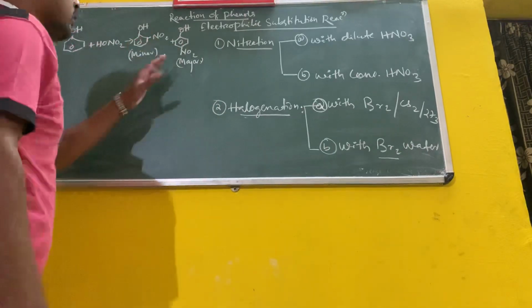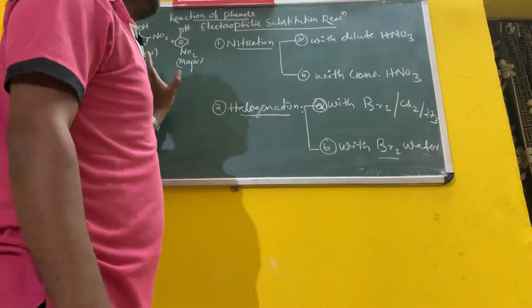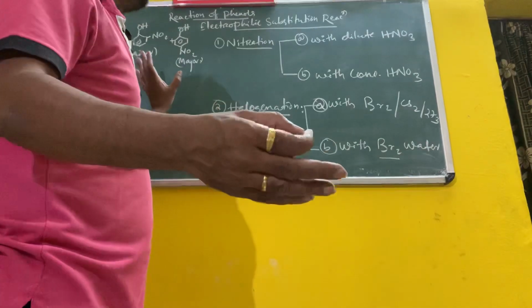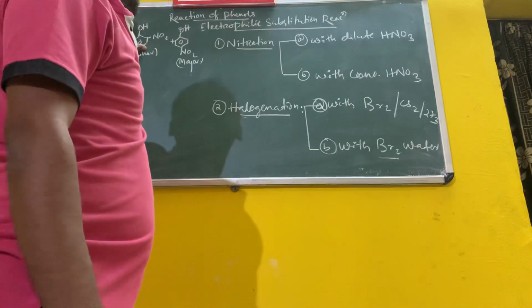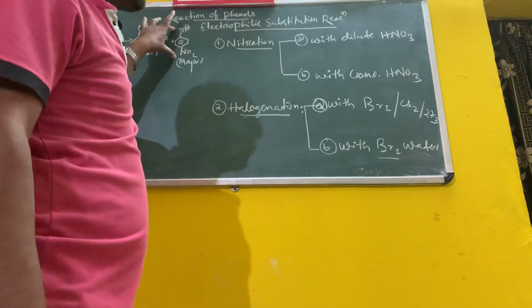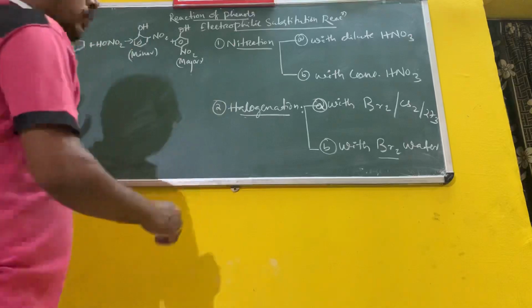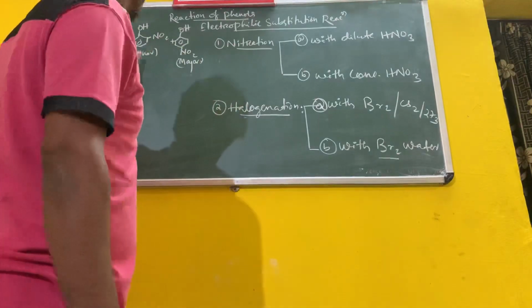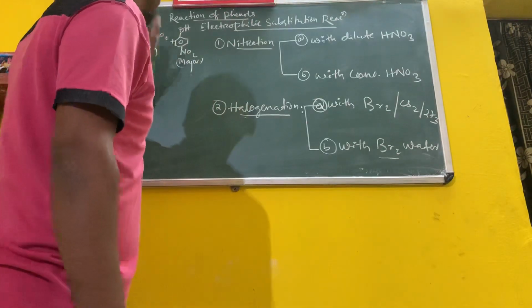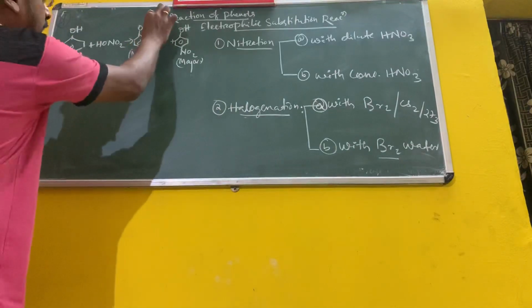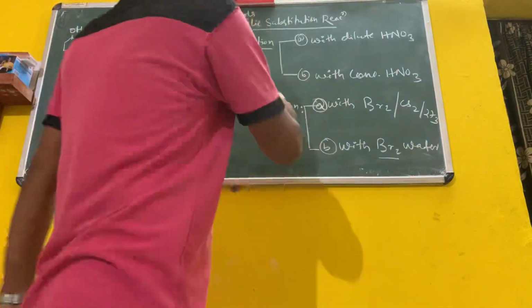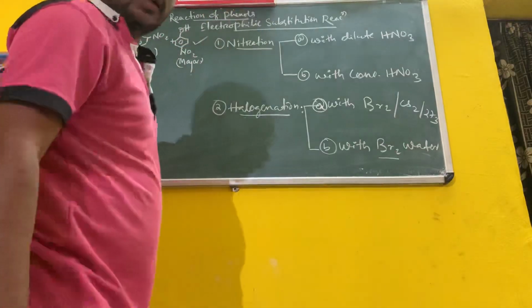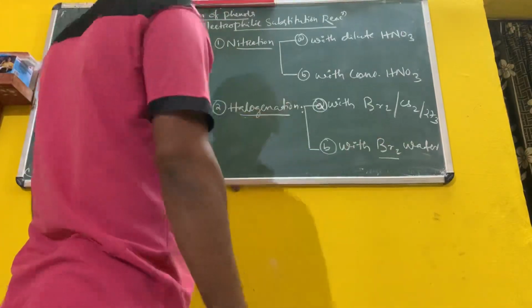You have read this in class 11, in hydrogen bonding. Ortho and para nitrophenol: we will discuss the hydrogen bonding of orthonitrophenol and paranitrophenol. Orthonitrophenol has an intramolecular hydrogen bond, but paranitrophenol has an intermolecular hydrogen bond.